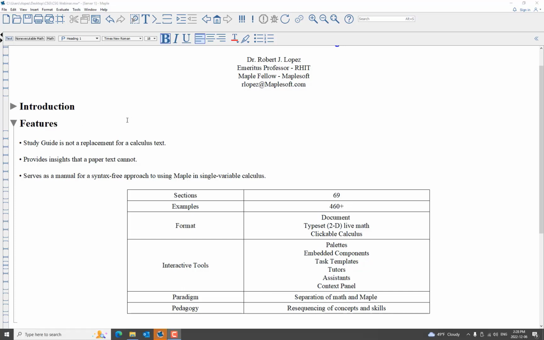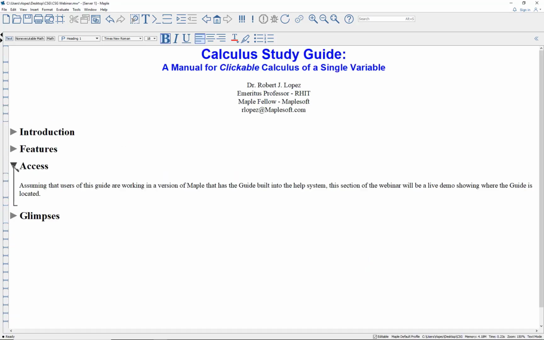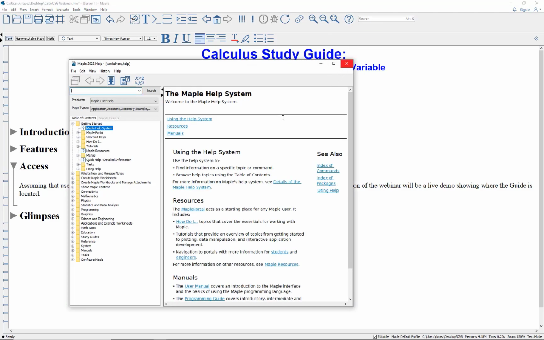Okay, let's see how to access the guide. So this is going to be a live demo here. Nothing written down. I'm assuming that users will have access to a copy of Maple that has the guide embedded in it. So here's what you do. Click this question mark, by which you access the help system.